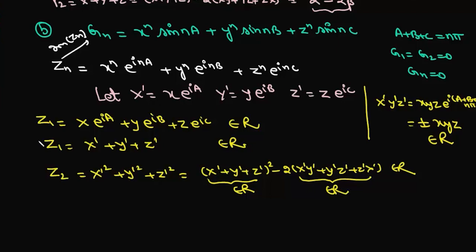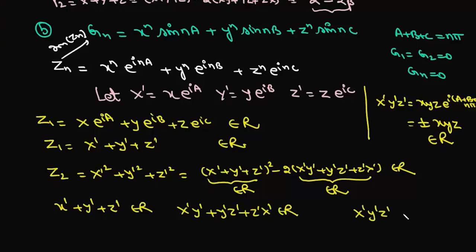So now we have x dash plus y dash plus z dash, which is real. We also have x dash y dash plus y dash z dash plus z dash x dash, which is real. And we also have x dash y dash z dash, which is also a real number.